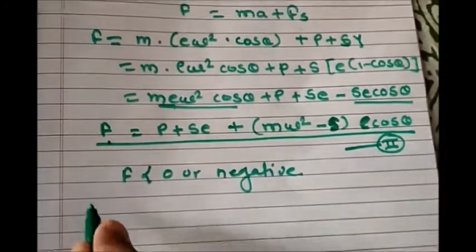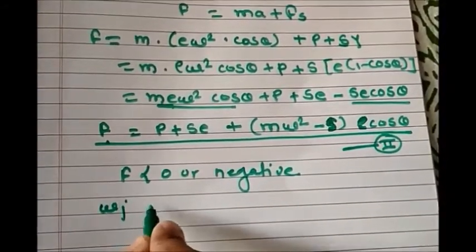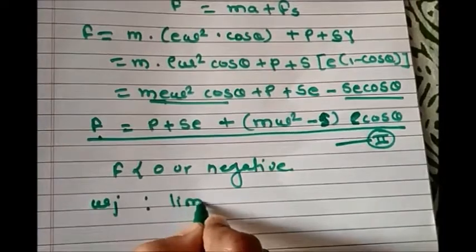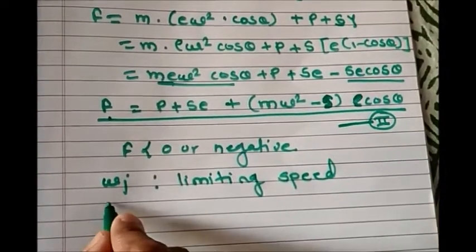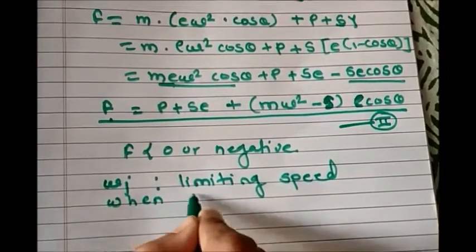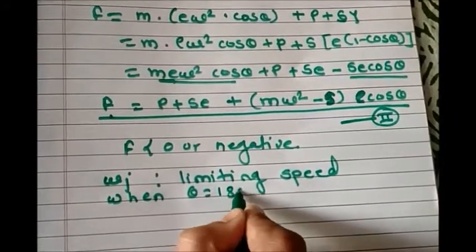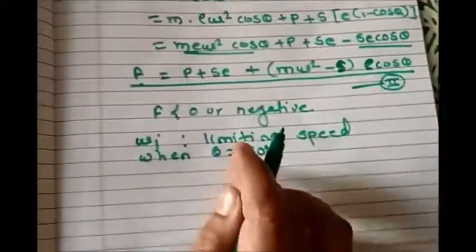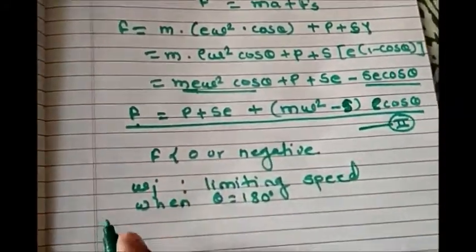So we can say that omega j is the limiting speed when theta is equal to 180 degree. Now let's put this value in the above equation.